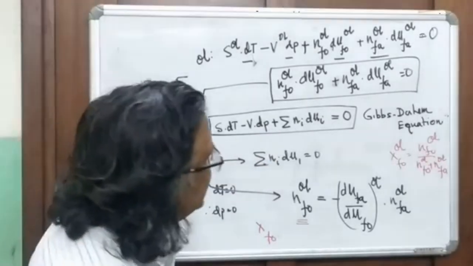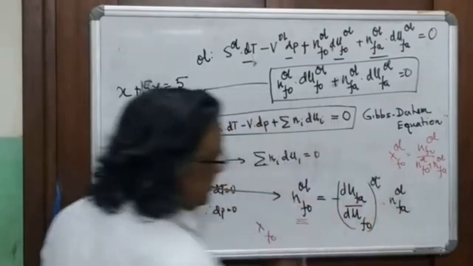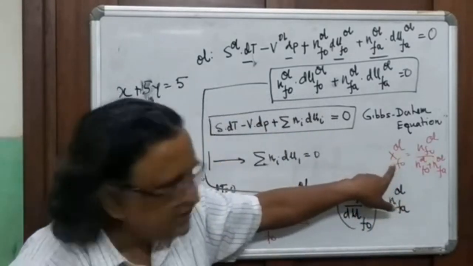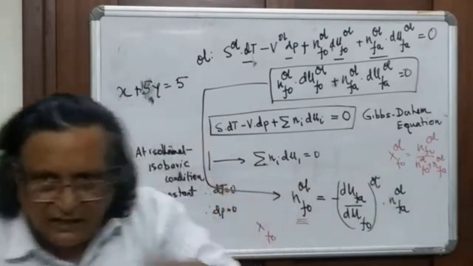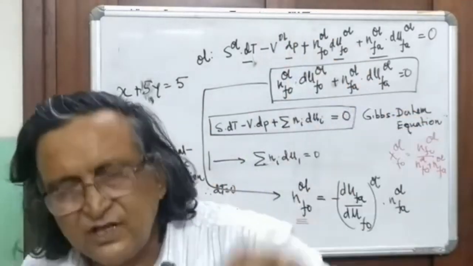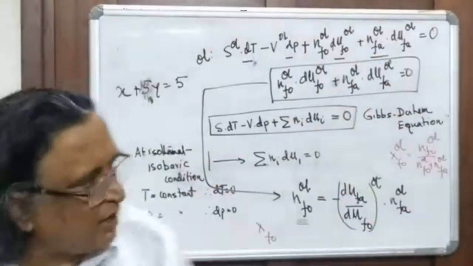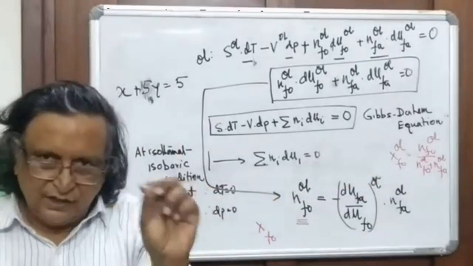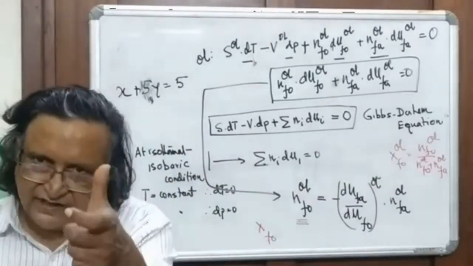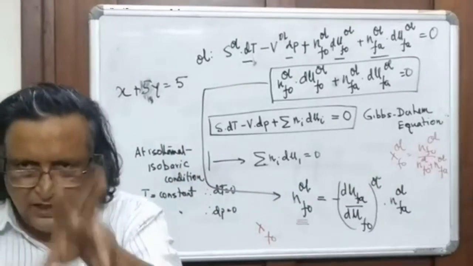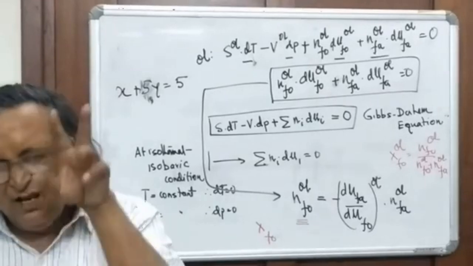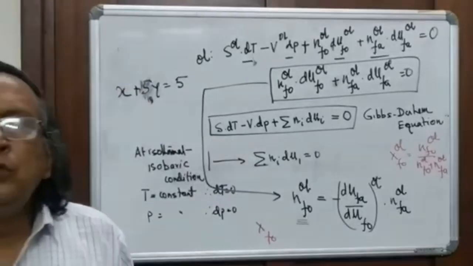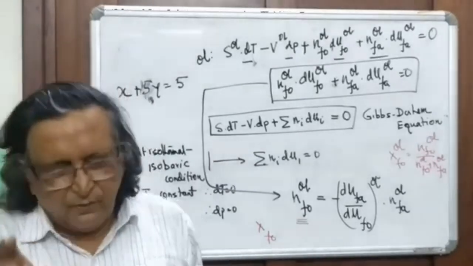Remember, in this equation, if you find a particular value of x phosphorite, then x fayalite becomes a dependent variable, because x phosphorite plus x fayalite is equal to 1. So if you change one, the other is automatically fixed.